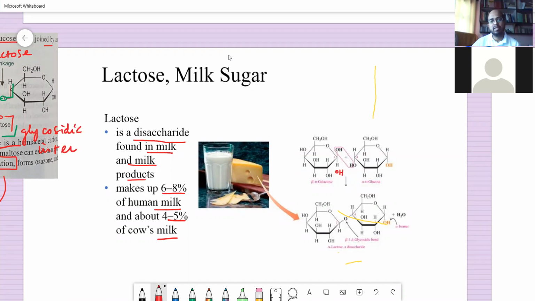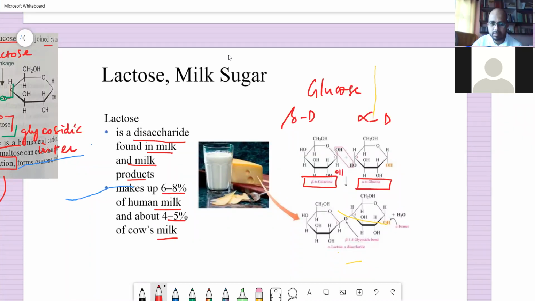But here, this is beta D glucose and this is alpha D glucose. Beta D, alpha D glucose, beta D galactose. And the two are one unit.